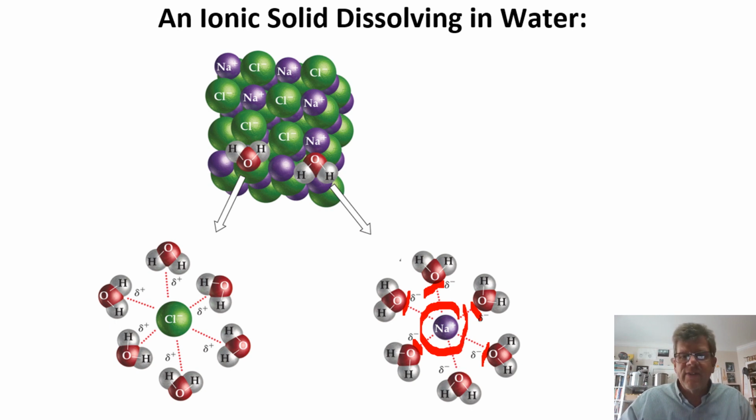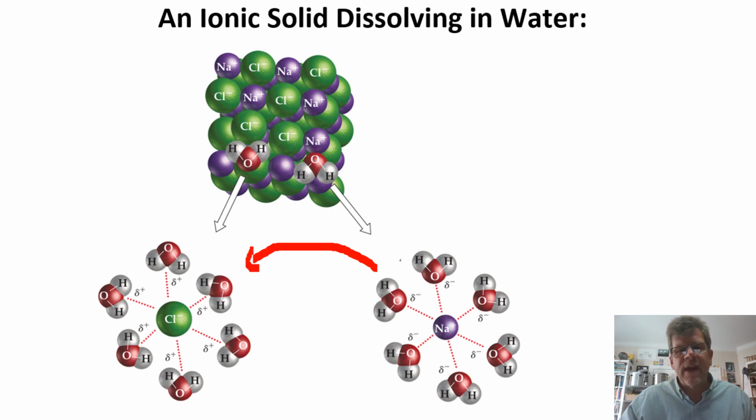So we have the exact same thing going on as before, but the way the water molecules are associated with the ion is different in both cases. Look carefully and you can see that.